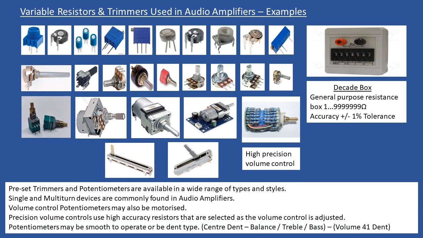So what I'm showing in the next overview here are the broad range of variable resistors and trimmers that are used in audio amplifiers. And there are literally thousands of different types. So when you look at the top part, what I'm showing here are the different types of trimmers, right? And electronic manufacturers will use different types of trimmers depending on the application.